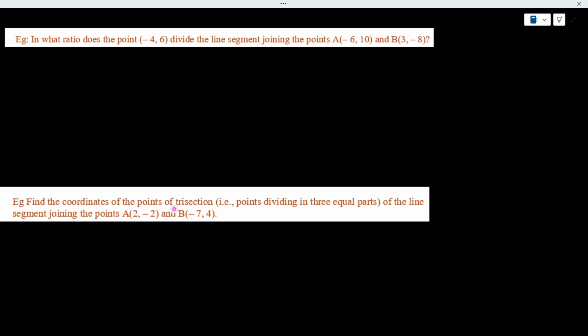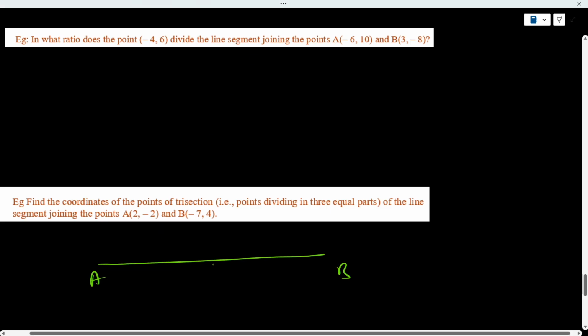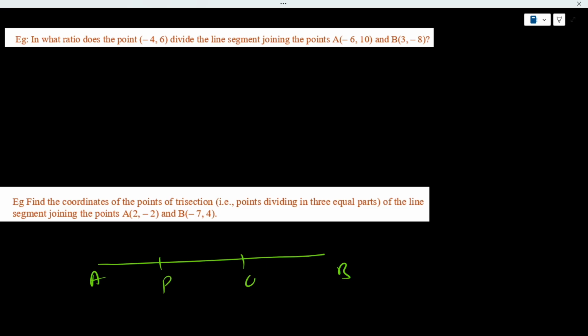Then after that, where else do you see section formula? The coordinates of the points of trisection of a line segment joining this, right? That means if there is a line segment which is divided into three equal parts, how will we use it here? 1, 2, 3. So if I'm writing here P and Q, you should know that here P will be the midpoint of AQ. So AP will be equal to PQ.